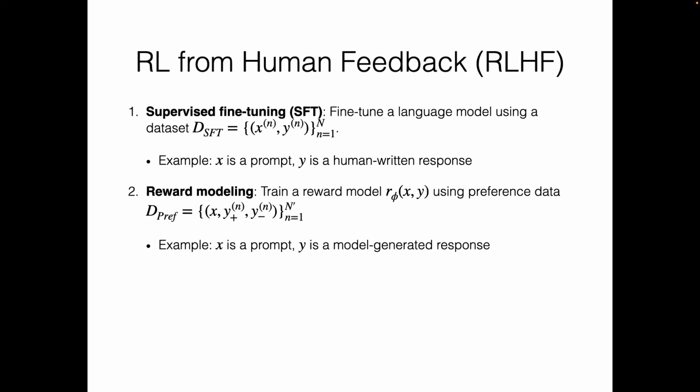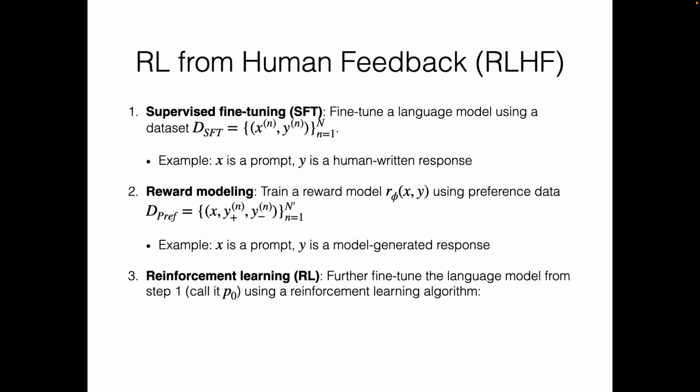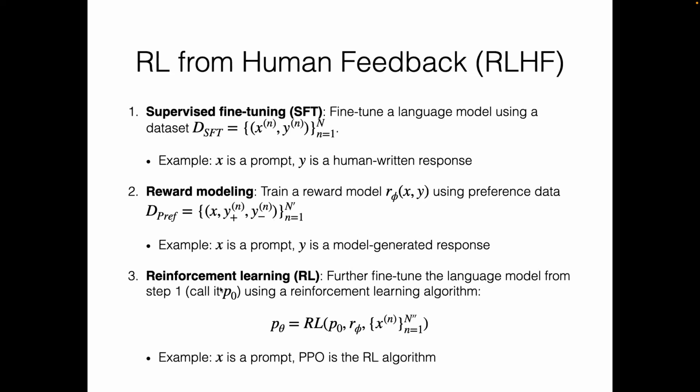Then we're going to train this reward model using the preference data. And then we're going to optimize it with reinforcement learning. So now that we have this reward function, you use some prompts, you run the reinforcement learning algorithm, and it's now optimized the reward.